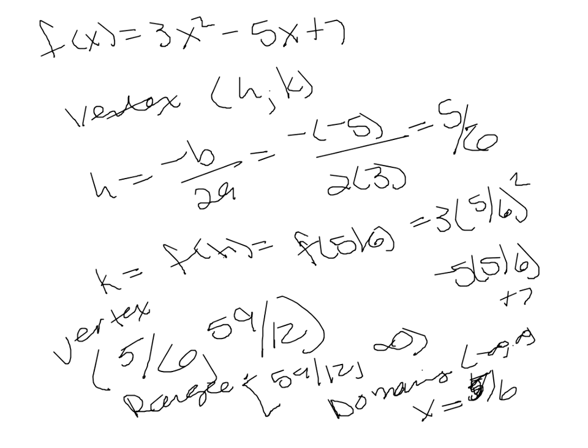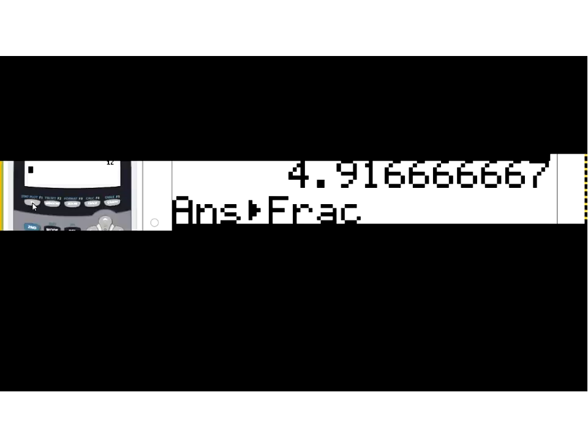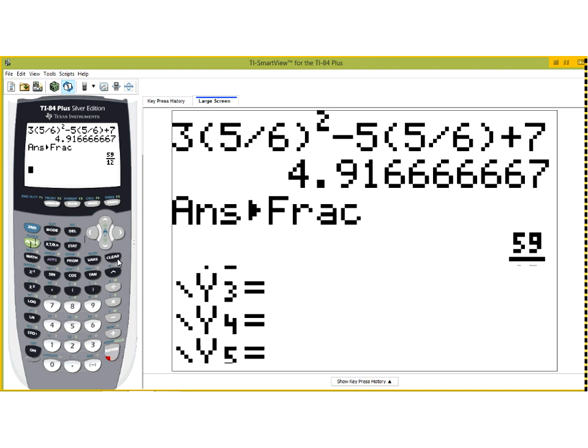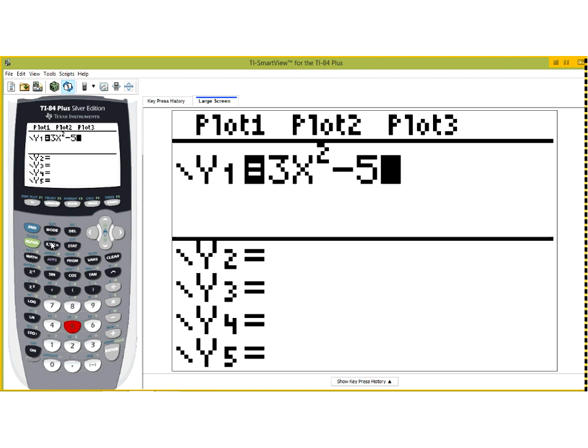Now I could graph it. Yeah, I should graph it. So I'm going to go back over here. Y equals, clear the old thing, 3x squared minus 5x plus 7.